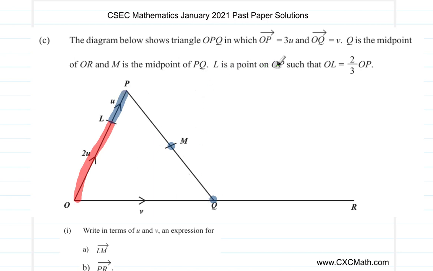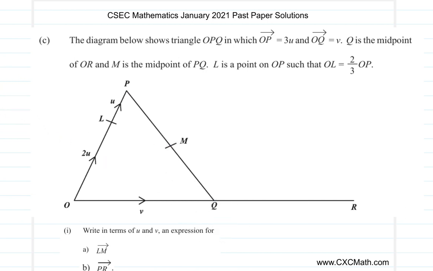L is a point on OP, this point, such that OL is 2/3 OP. You can see 2 out of 3, 2 U's out of all 3 U's. Alright, so that's what you have there.